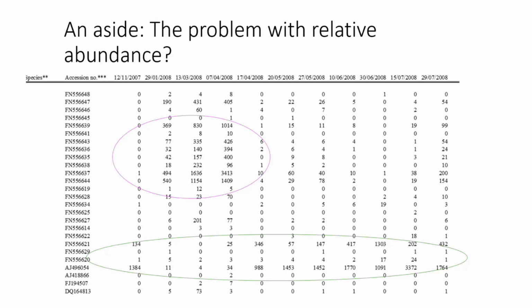It's the same meter square, and they're just gone. This is possibly a relative abundance problem. It's probably because these are declining in relative abundance because this lot have appeared out of nowhere.